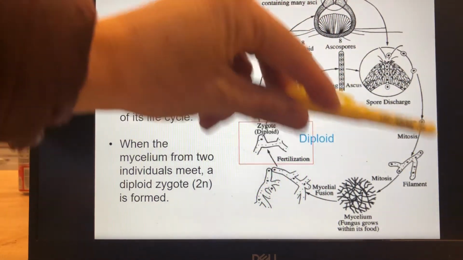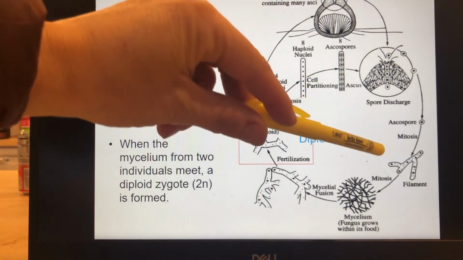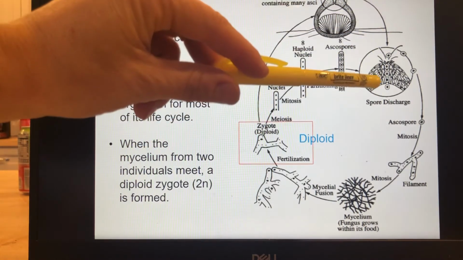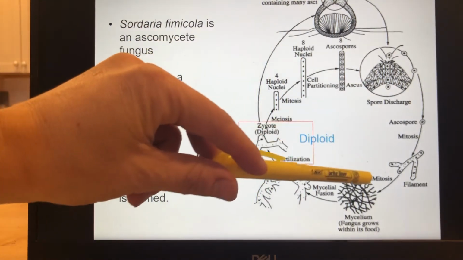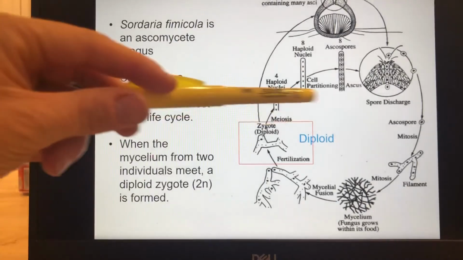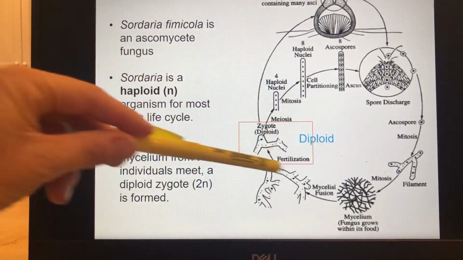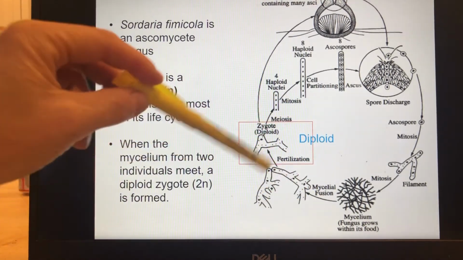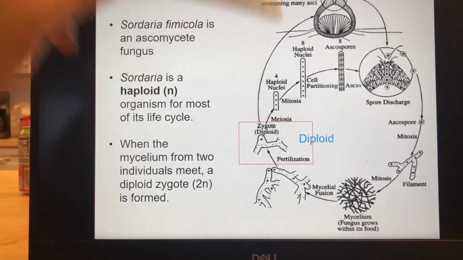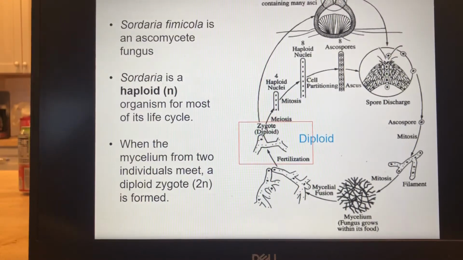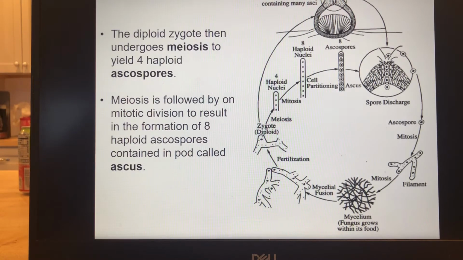We have a mitotic division in the haploid. It's part of the haploid stage, so this is going to be confusing, but after meiosis, we have a mitotic division. Hang with me, we're going to explain all this later. We have this little minor phase of a diploid where we have the two mycelium coming together, and then immediately a meiosis, and then a mitosis, and that's how we get the double amount of spores. If I've lost you, don't freak out. We're going to go through this little by little.